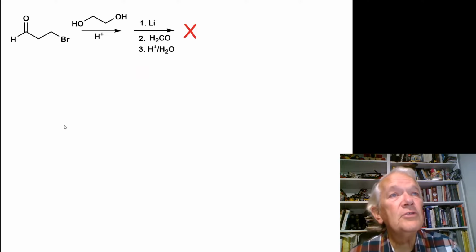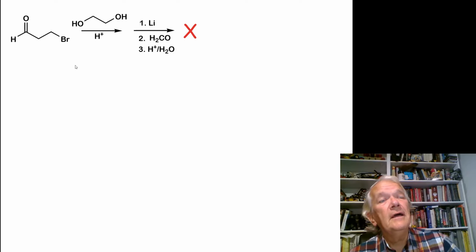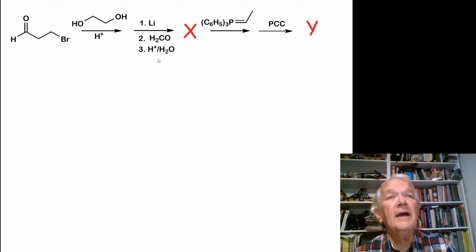Okay, so let's work through an example, and you'll have some more examples. Actually, this example's in the problems below, but we'll have some more examples as well. So here we've got an aldehyde. I'm going to protect it, turn it into a lithium reagent, add a mole of formaldehyde and work it up.